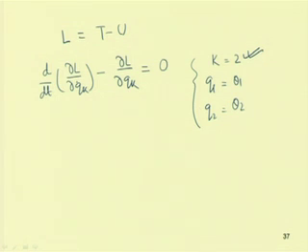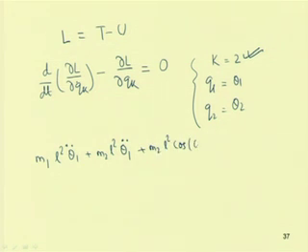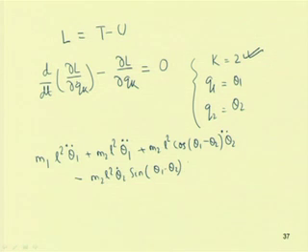So, by doing that, we can write the equation of motion which will come in this form. It will become m1 L square theta 1 double dot plus m2 L square theta 1 double dot plus m2 L square cos (theta 1 minus theta 2) into theta 2 double dot minus m2 L square theta 2 dot sin (theta 1 minus theta 2) into (theta 1 dot minus theta 2 dot).